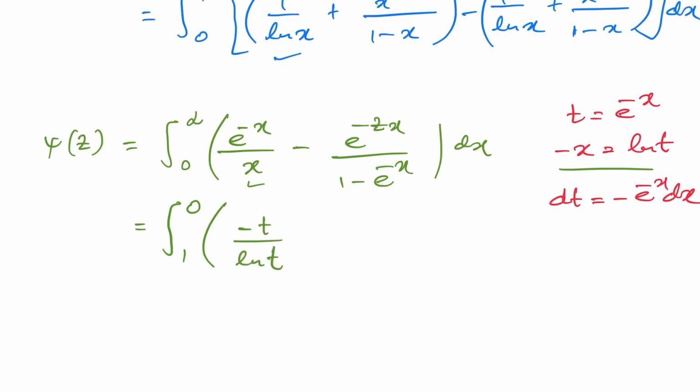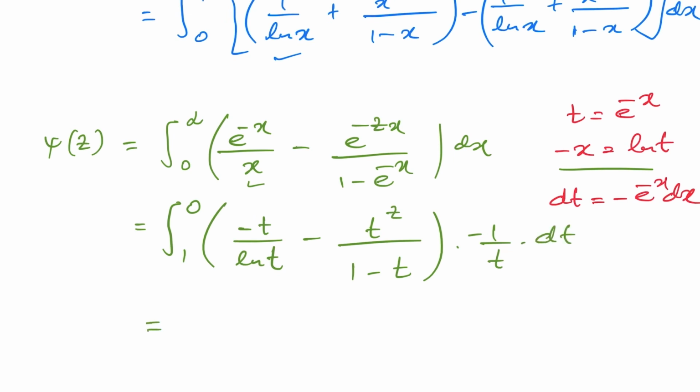Then minus e to the minus c times x, so we have t to the c over 1 minus t, and dx is minus 1 over e to the minus x, so minus 1 over t times dt.